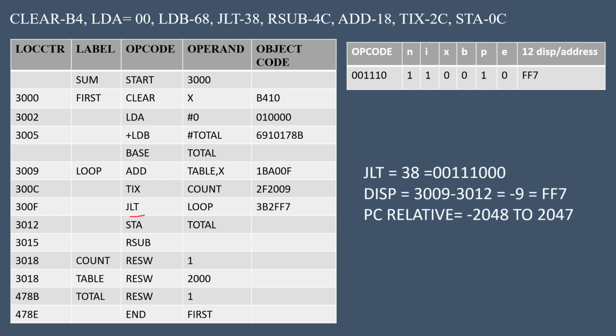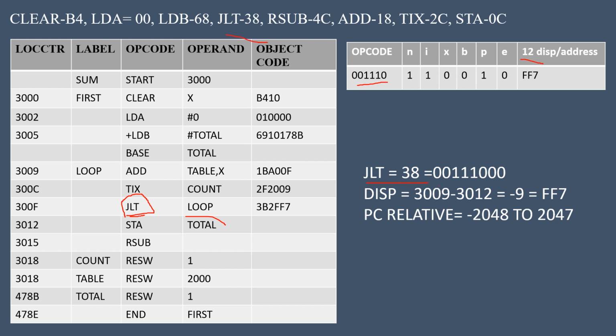The next instruction is JLT LOOP, where it is also a type 3 instruction format, and the instruction format for the third type is a 6-bit opcode and the displacement. So the opcode for JLT is 38, which has been given in the question.